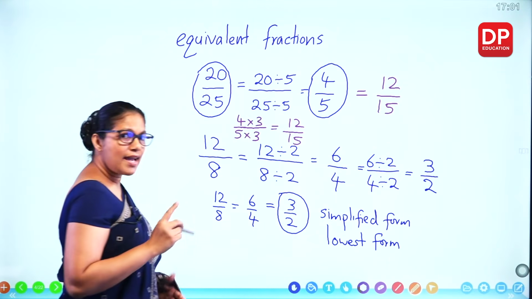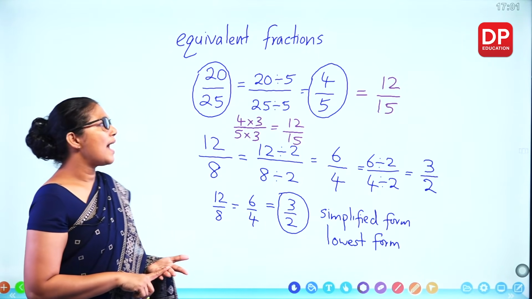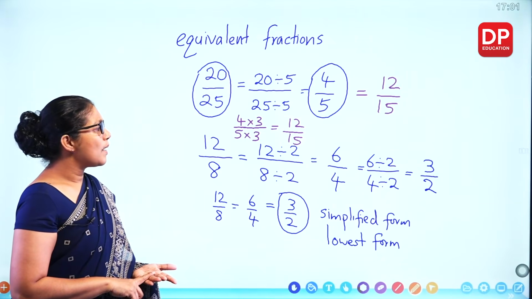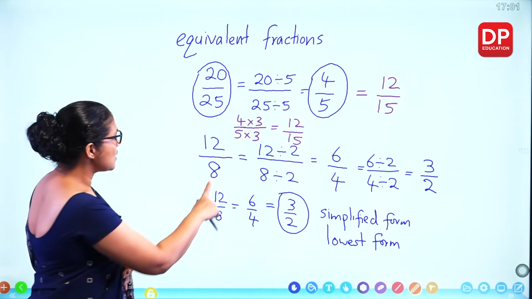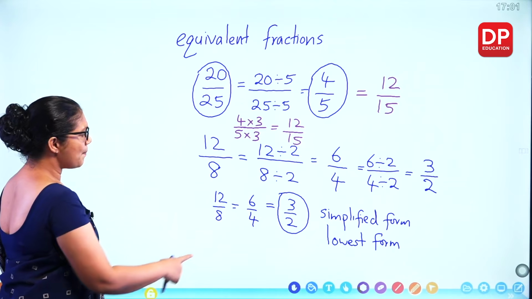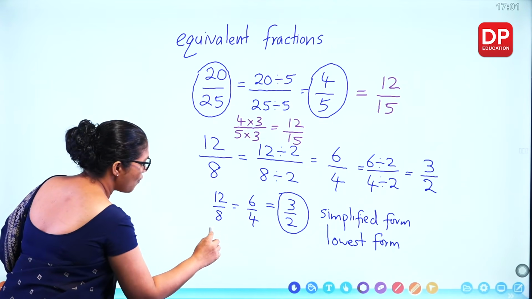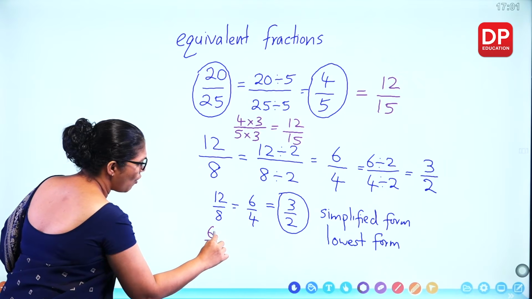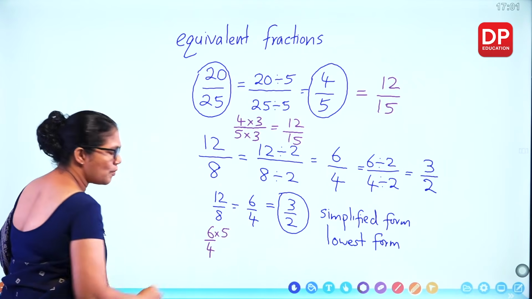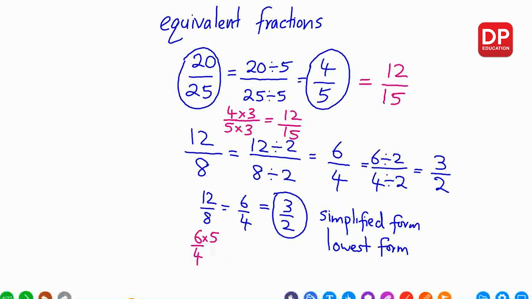So you can either divide or multiply to get equivalent fractions. We'll take this example. Here I'll take 6 over 4. I want to multiply this by 5. Numerator multiplied by 5, and I do the same thing to the denominator. So what do you get? 6 times 5 is 30, and 4 times 5 is 20.